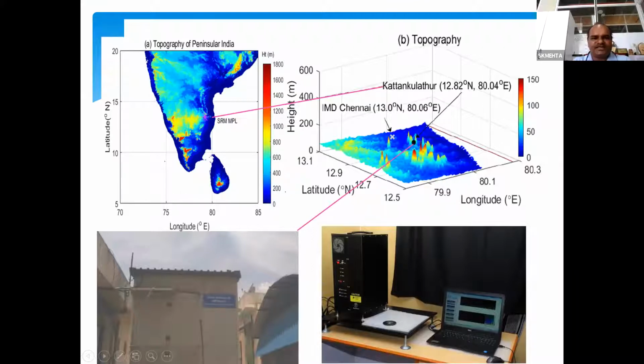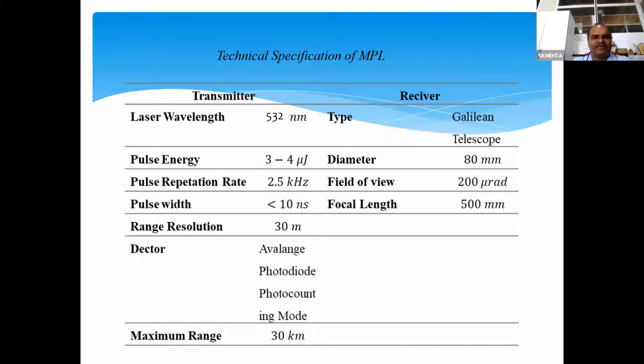This is the technical specification. We fire the laser at 530 nanometer, and the energy is not constant, varying between 3 to 4 microjoule, with a pulse repetition rate of 2500 hertz, and pulse width of less than 10 nanosecond.